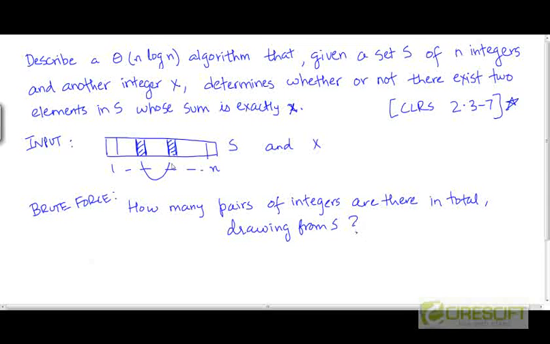Well, the number of ways of choosing two integers from a given set of n integers is n choose 2, which is n times n minus 1 divided by 2.